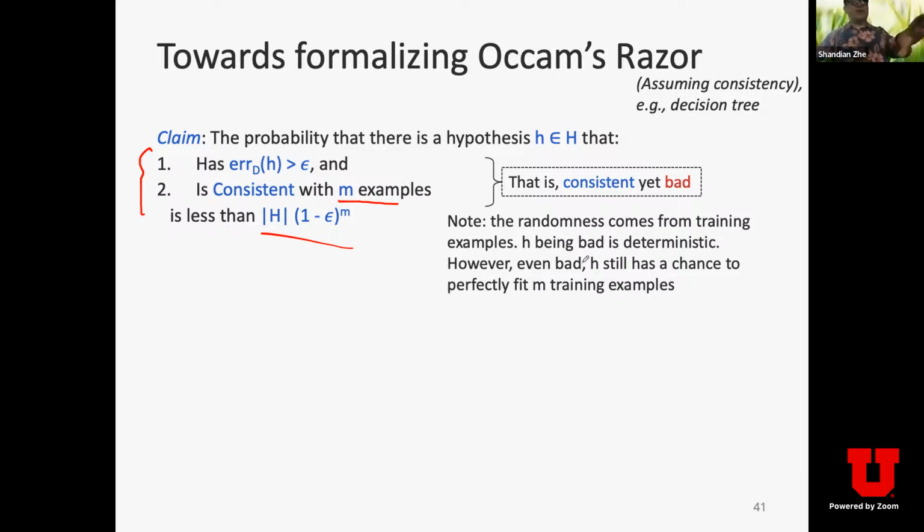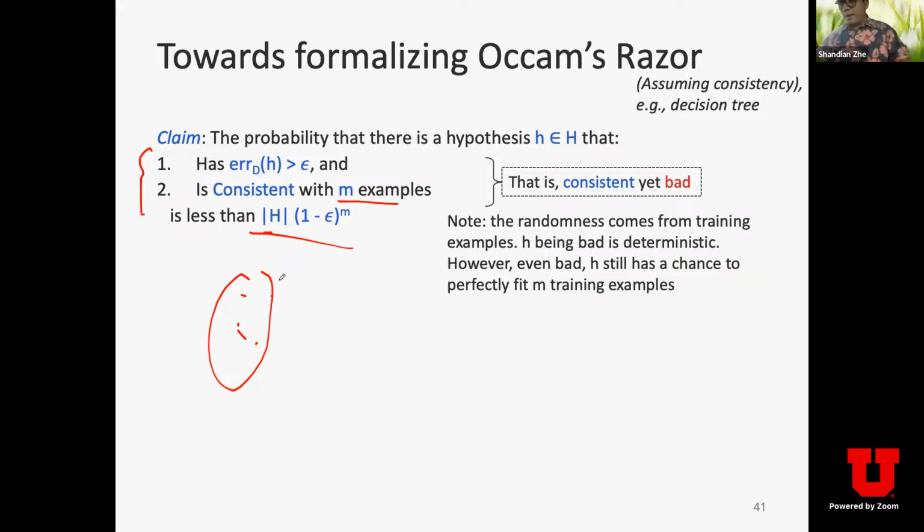No, examples are not in that space. Hypothesis space means all the candidate functions. You want to pick one candidate function as your learned result. The big H is the hypothesis space. It's all possible functions you're going to search in your learning algorithm.